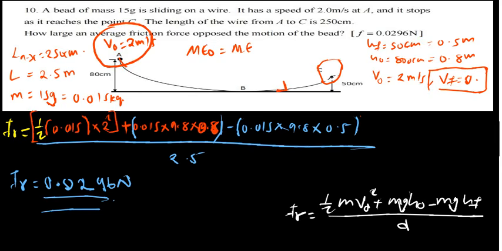Anyone having challenges on how to get this answer, like when punching on a calculator? Is it okay? We continue. I guess it is okay, sir. Okay. So that's how we are supposed to answer that question.